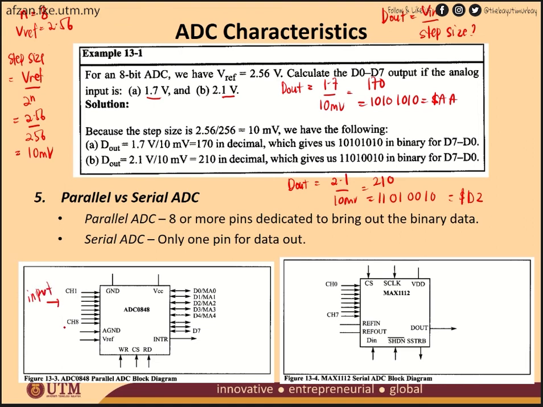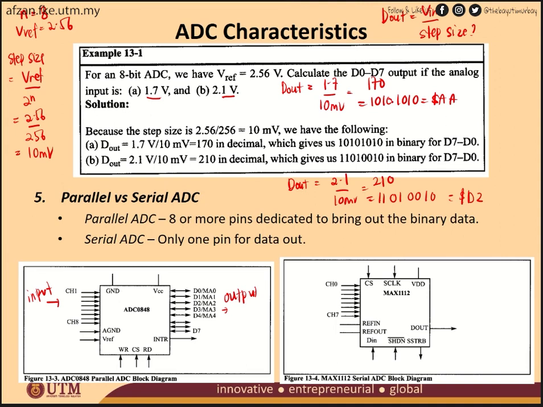You have 8 channels of input, and 8 channels of output. So this is parallel ADC, in which the output representing this binary data will be sent out to this 8-bit output.